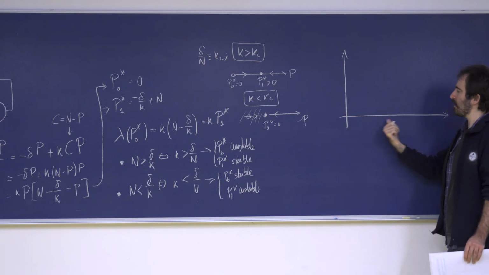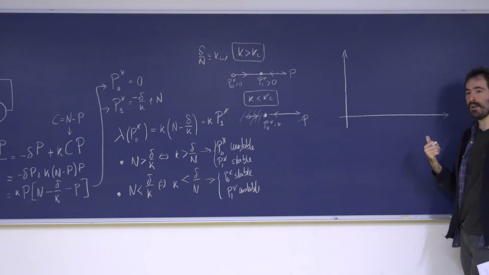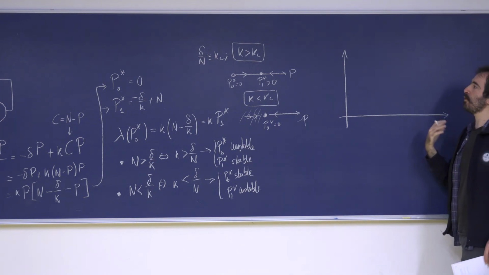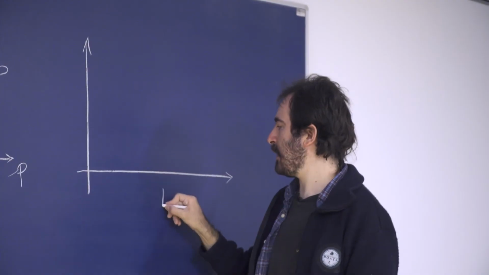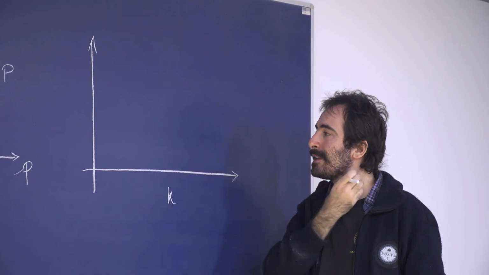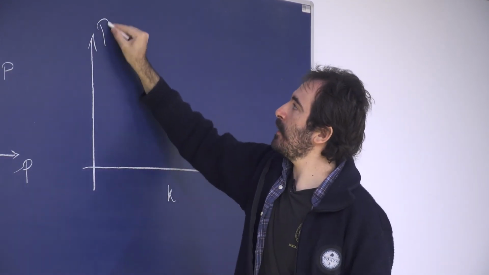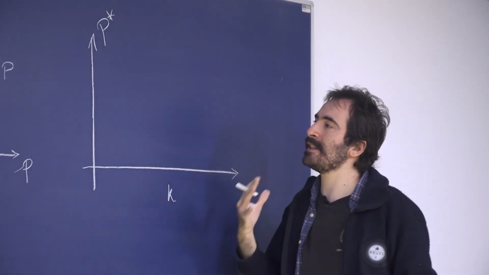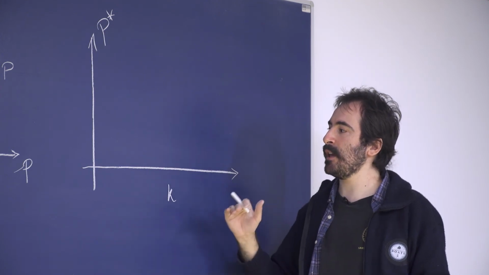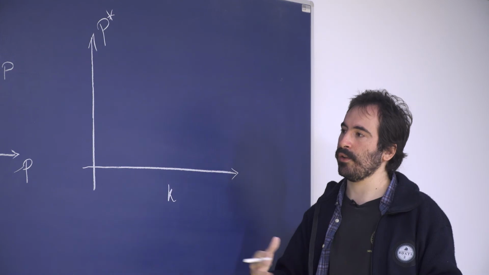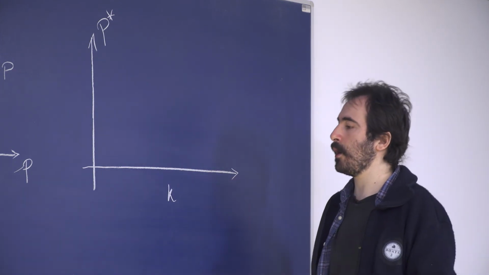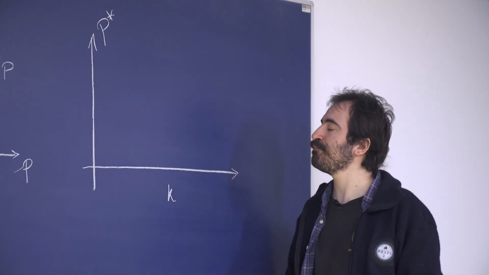I'm going to lay down here all the different values that I can attain for one of the constants, and I have already spoiled it for you, but the constant I'm going to use is going to be k, right? And on the other hand, here I'm going to depict what's the stable fixed point that is governing the system for these different values of k. This is again called a phase diagram or a bifurcation diagram, depending on your taste.